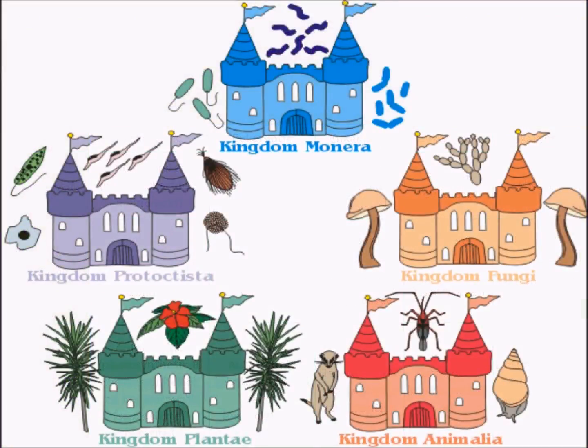So these were the 5 kingdoms classified by R.H. Whittaker: Kingdom Monera, Kingdom Protoctista, Kingdom Fungi, Kingdom Animalia, and Kingdom Plantae.